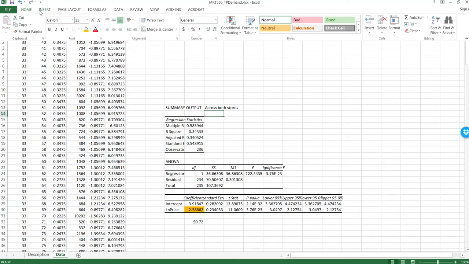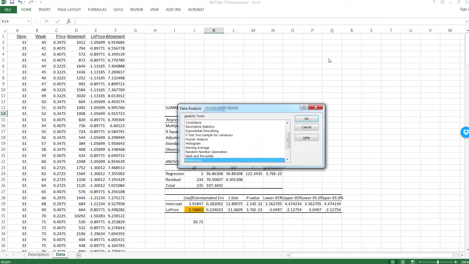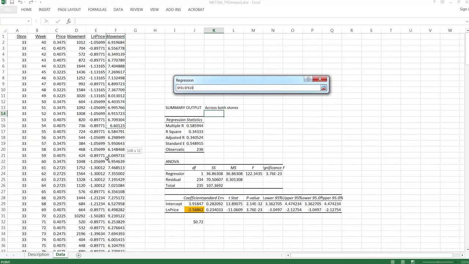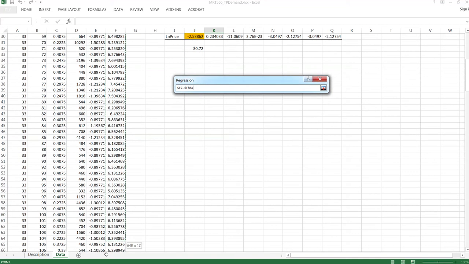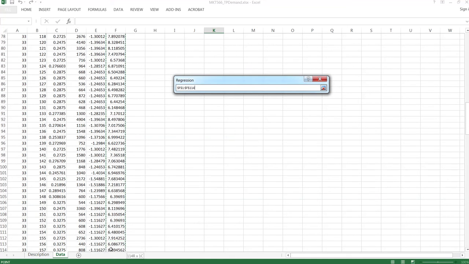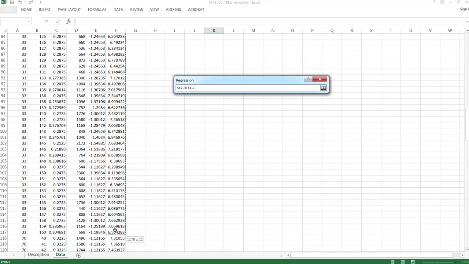So to begin, we run the regression, say on store 33 only. Our y variables are defined by log movement, but only for store 33.